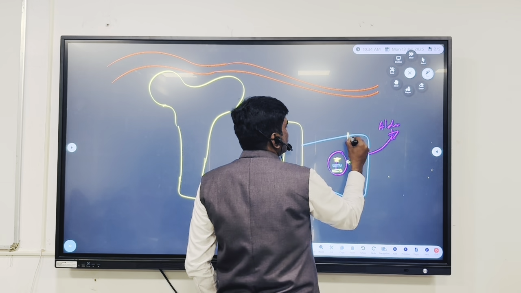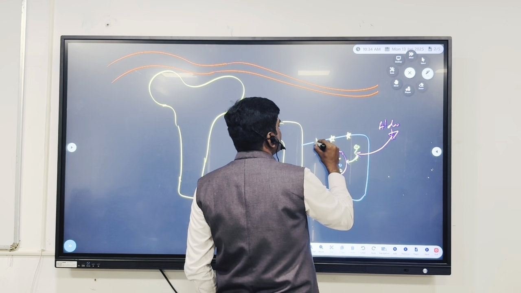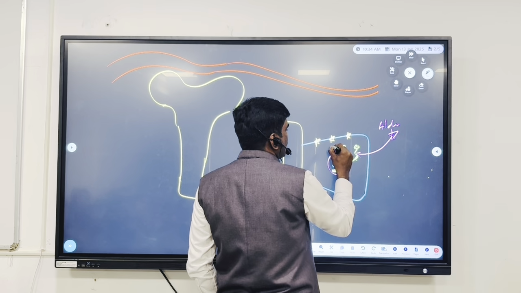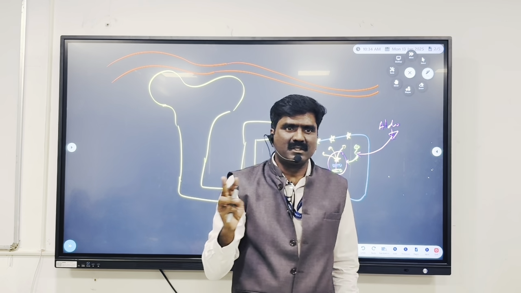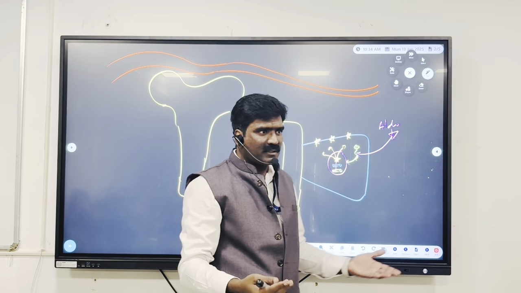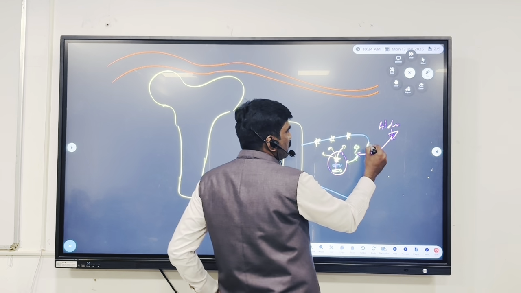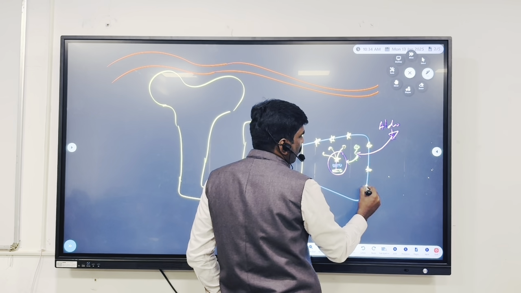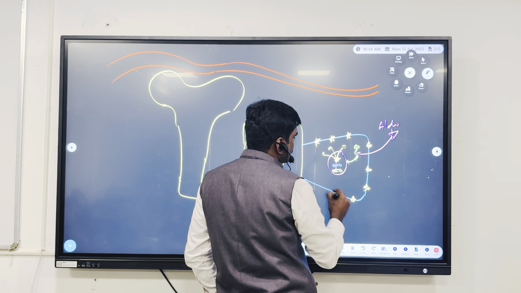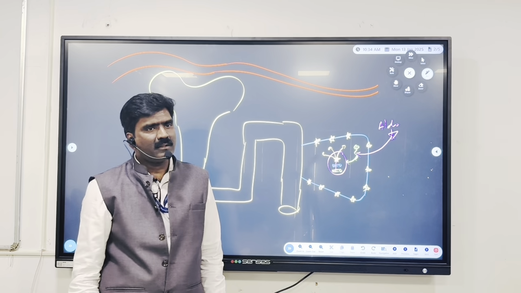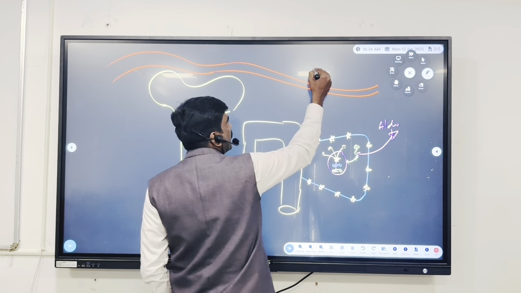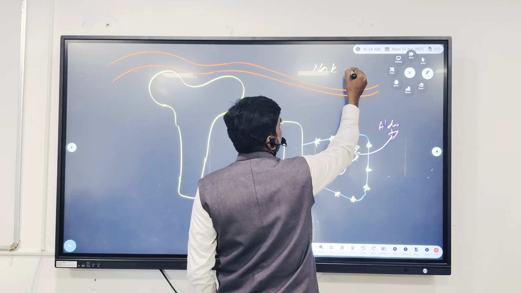the sodium potassium ATPases. Sodium potassium ATPases are synthesized in the cell and planted in the walls of the primary cells. Right? This is sodium potassium ATPase.